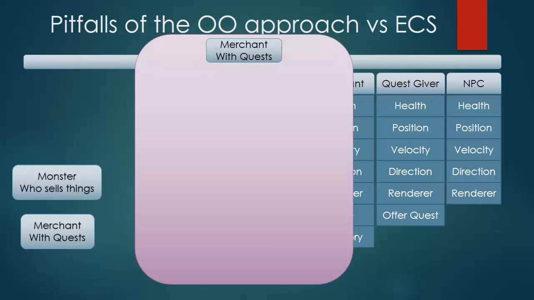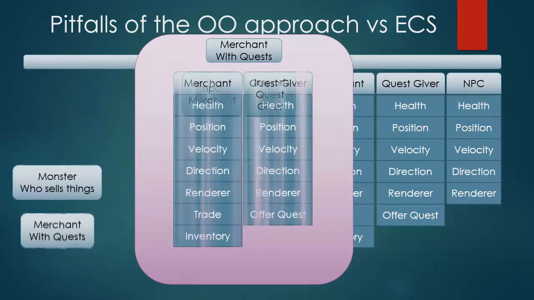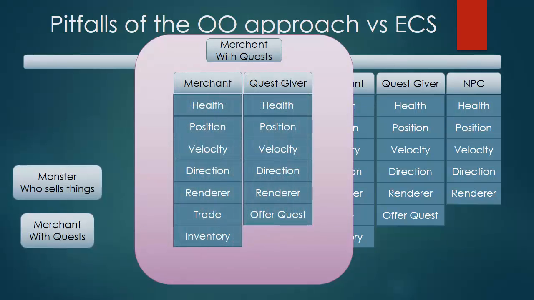Well, we can do something a little bit tricky here, which is nice. Since we've got this cumulative templating system, we can actually just import the merchant. And then we can import the quest giver. So now we have these two lists of components that make up each of those, right? But we've got it all defined by systems.